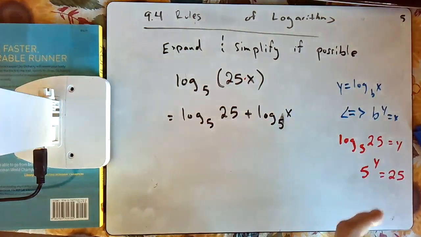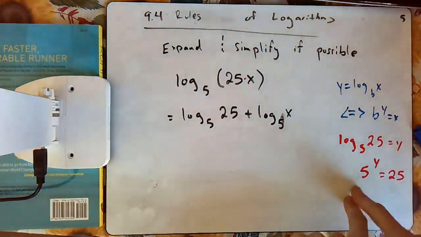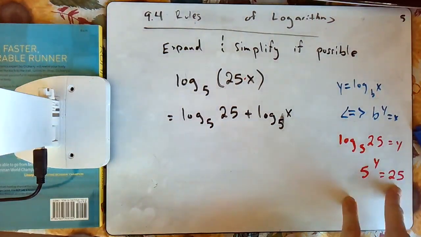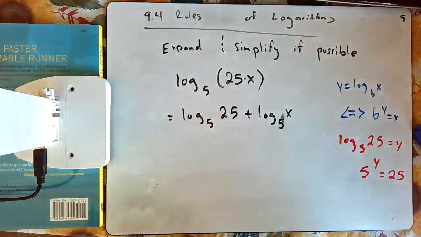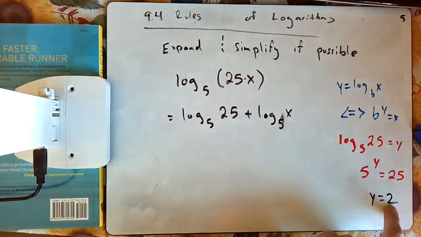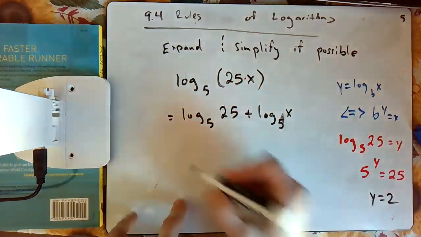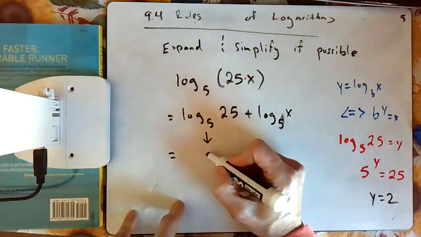So you would ask yourself, is y a nice number? Can I raise 5 to some power that will get me to 25? Yeah, super easy, right? We know y is equal to 2. So we can simplify this to something nice. Log base 5 of 25 is just simply equal to 2.